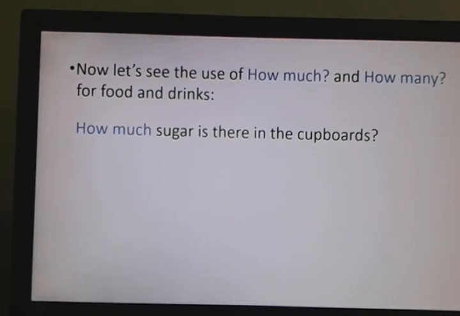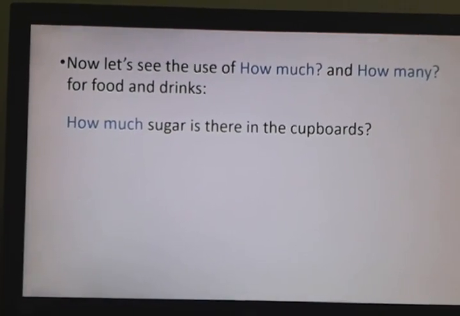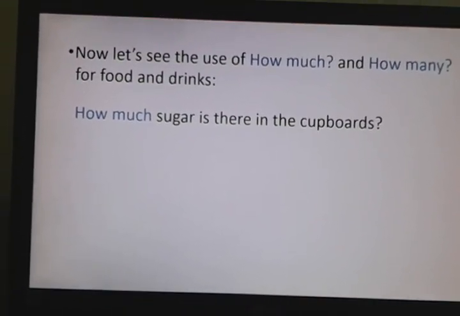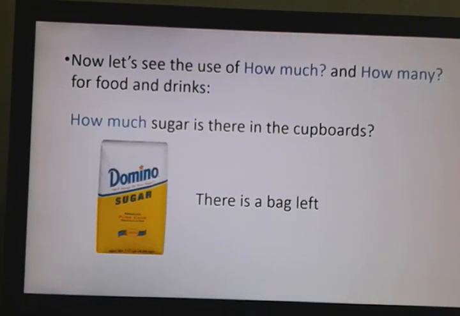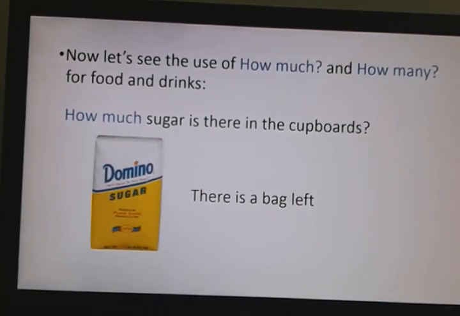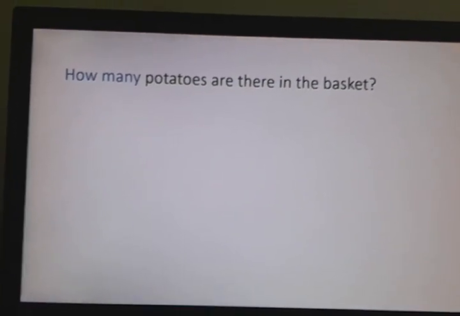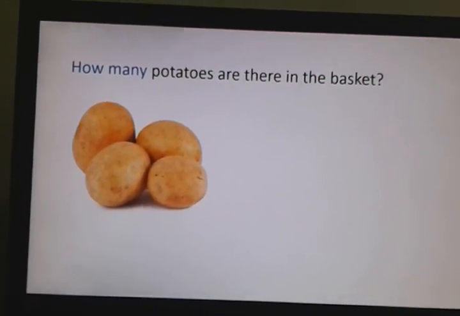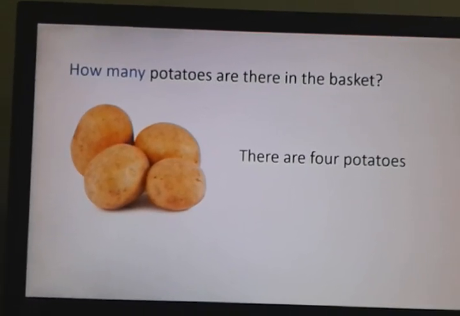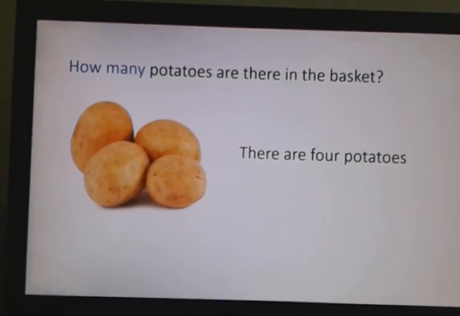What's the meaning of how much sugar is there in the cupboards? ¿Cuánta azúcar hay en la alacena? Queda una bolsa. Okay, there is a bag left. ¿Cuántas papas hay en la canasta? How many potatoes are there in the basket? Hay 4 papas. There are 4 potatoes.